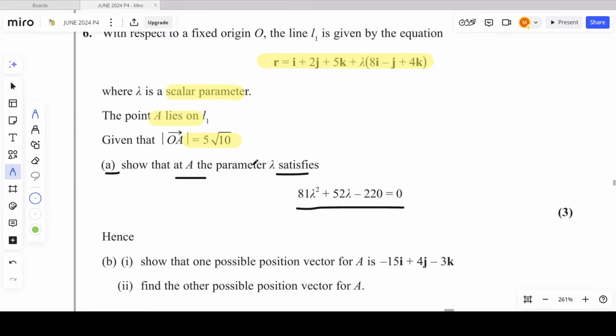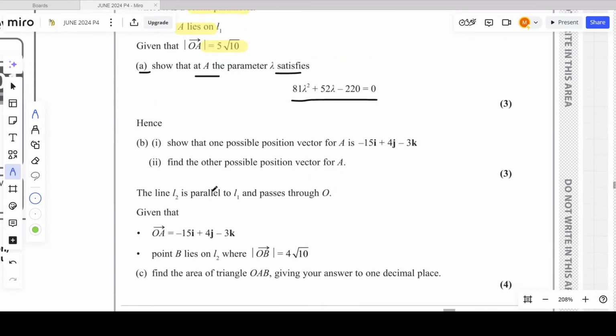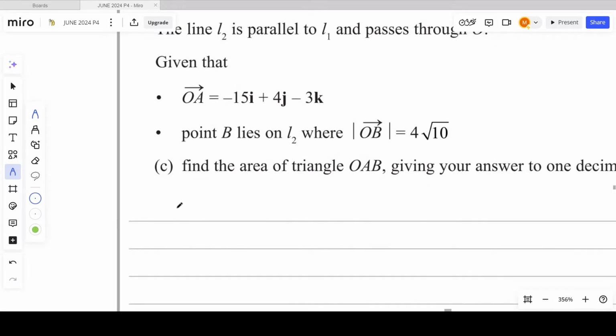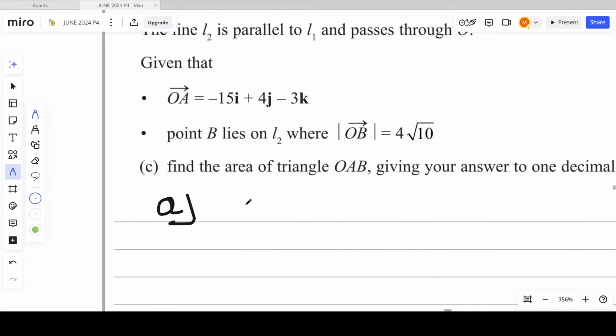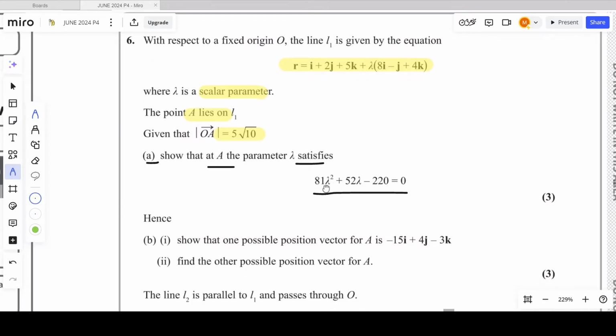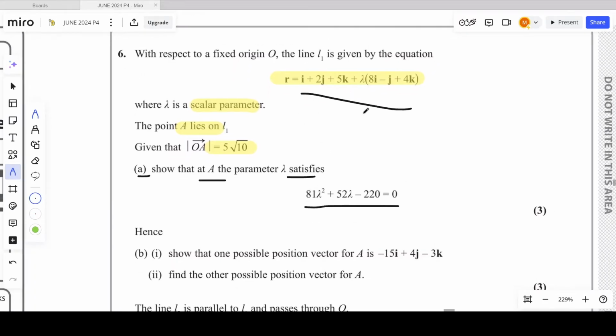You can understand which fact we need to use in this question: the distance, O to A. So let's first write the position vector of A. Vector OA, the position vector of A, since the point A lies on the line L1, is given by this equation.